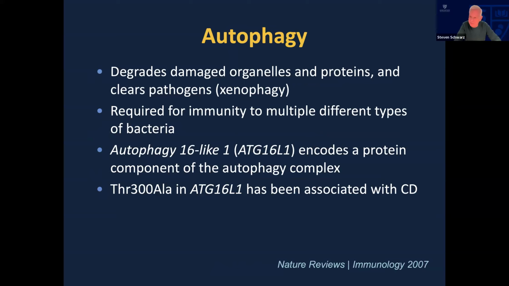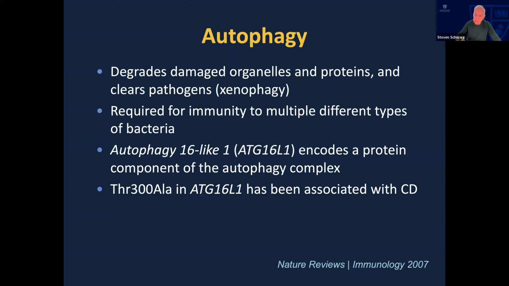Let's turn now to autophagy, which I think is one of the more fascinating elements of our immune system. Autophagy involves the degradation of damaged organelles and proteins and also clears pathogens. When it clears foreign elements, we call it xenophagy. It's required for immunity to multiple different types of bacteria.